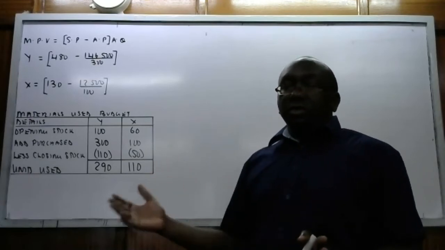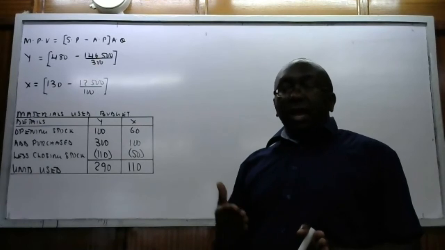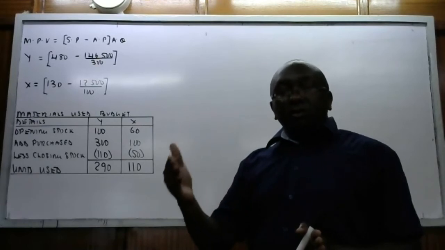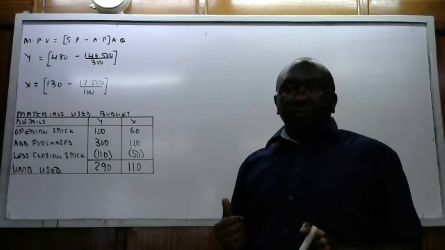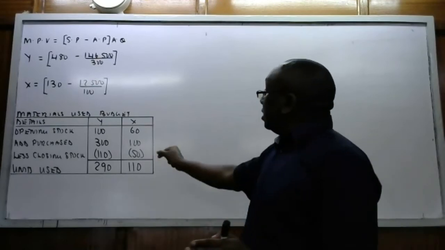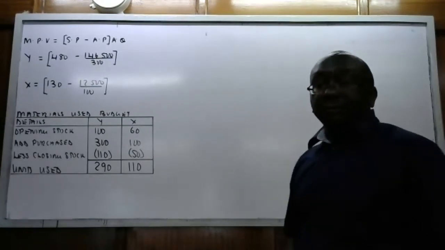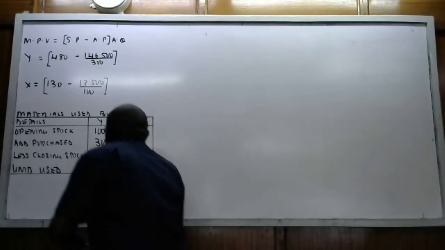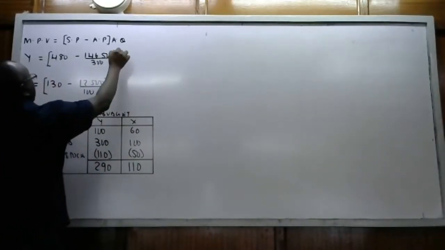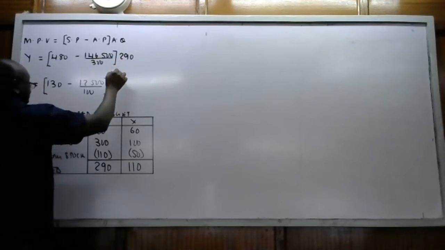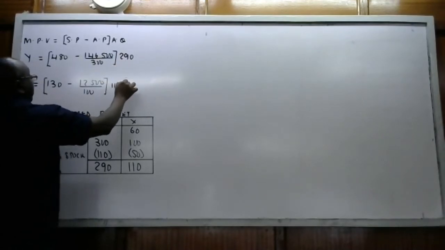And now that in this question we don't have production, we can only go with the kilos of materials that were used. So that required you to prepare that budget. Having said that, we get the answer to be 290. Now you to sell 110.